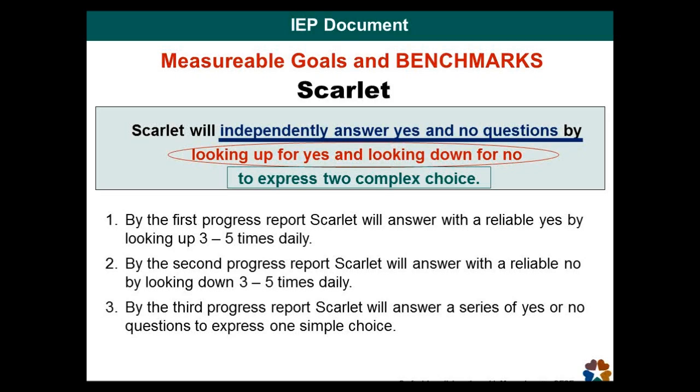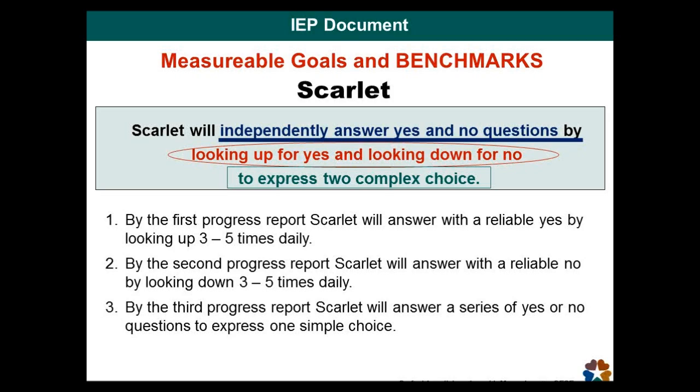So, again, looking at this example, by the first progress report, she will be able to answer with a reliable yes by looking up 3 to 5 times daily. Okay? She needs to be able to communicate what yes is and obviously be able to communicate no. So clearly for her, communicating yes and no is very difficult.